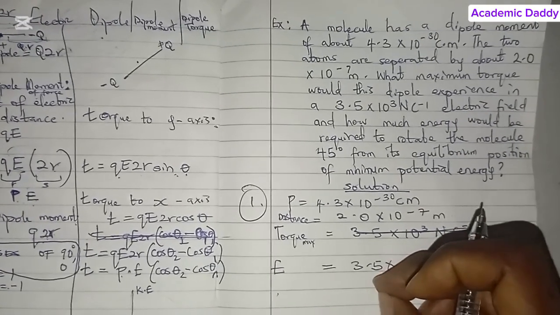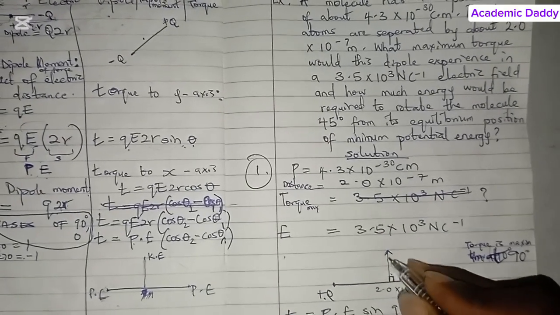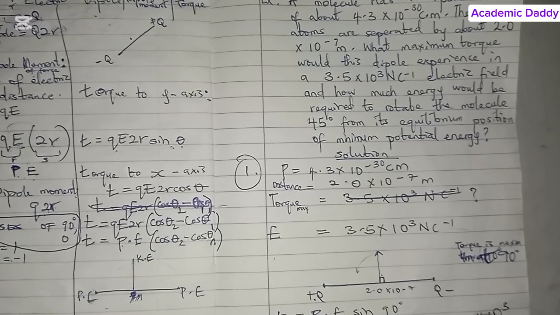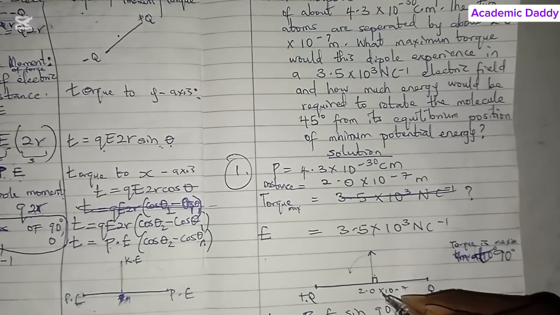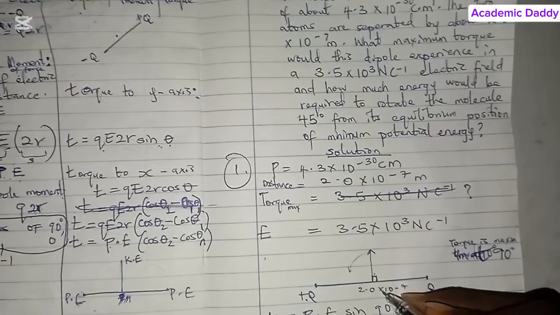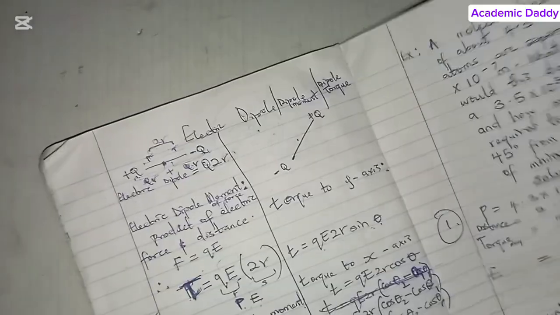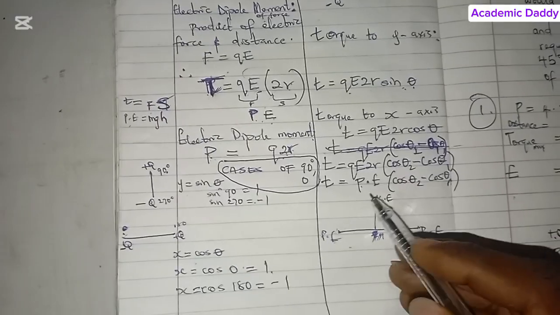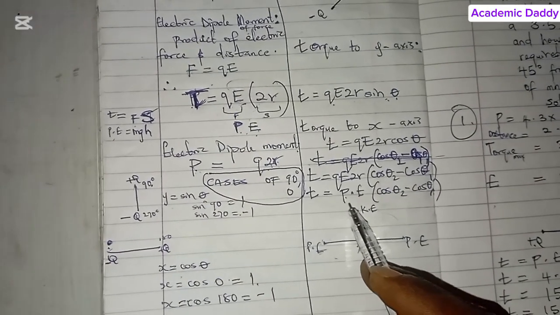So if I'm taking this now to the x-axis, I'm having cos 45, and he said from its equilibrium position of minimum potential energy. So this is what we are going to use.